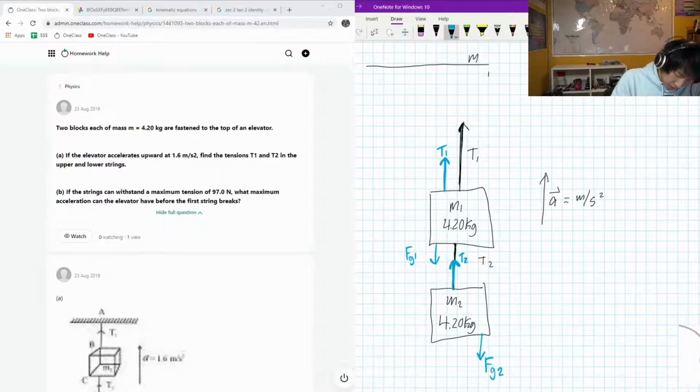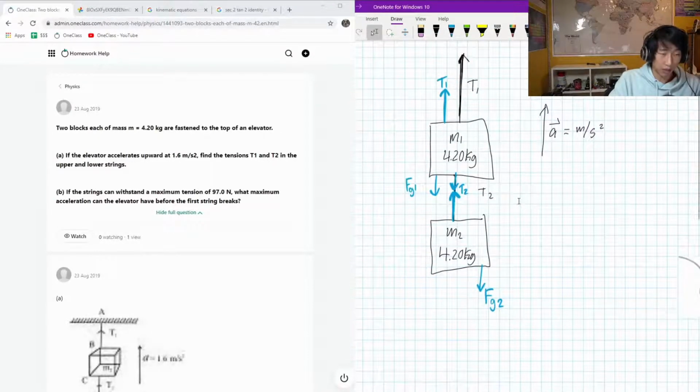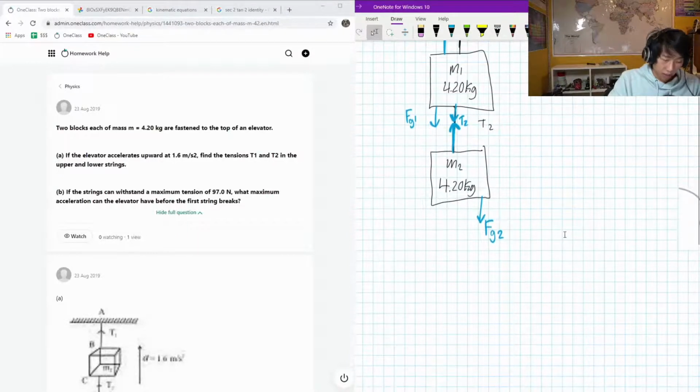Given this, let's take a look at just the first block on its own. The top block. Or maybe the bottom block. I feel like that'd be a little bit easier. So the bottom block.